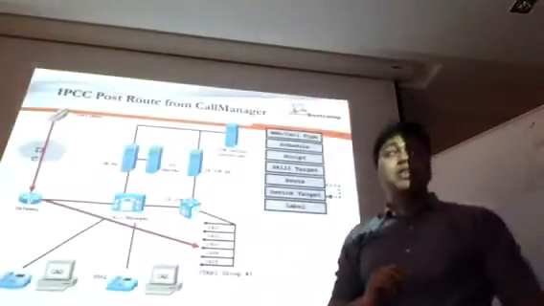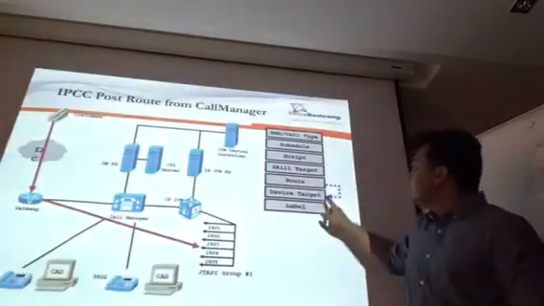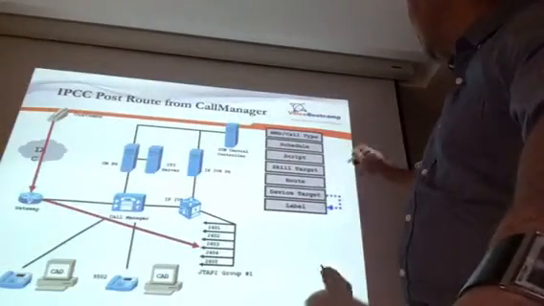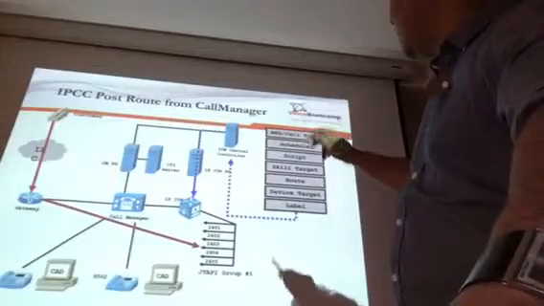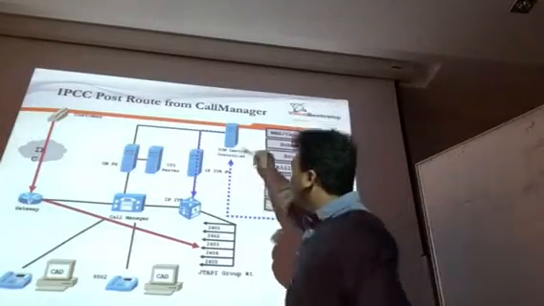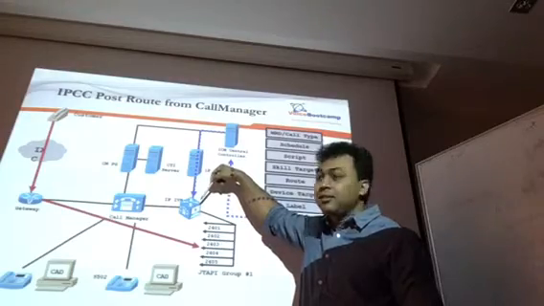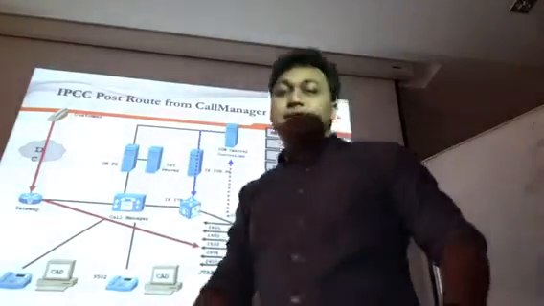Now here's the thing. So the device target is selected, label is returned back to ICM. See, the call goes to this guy, to the IP-IVR.